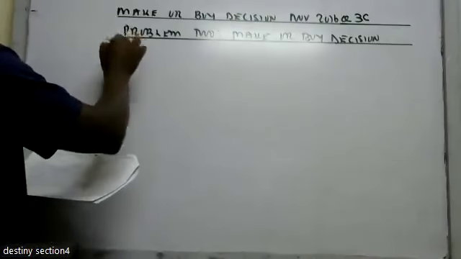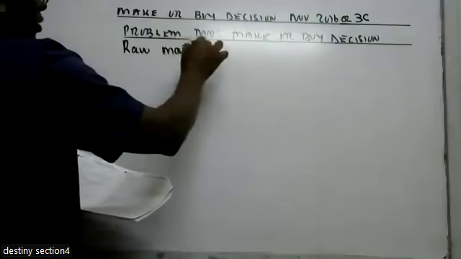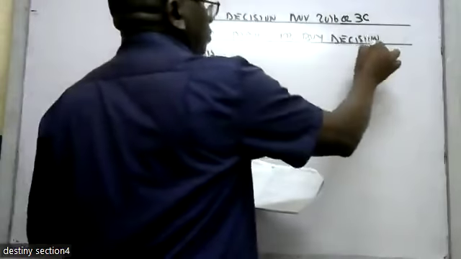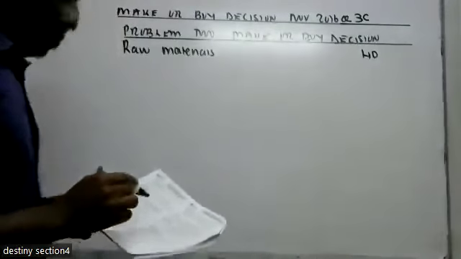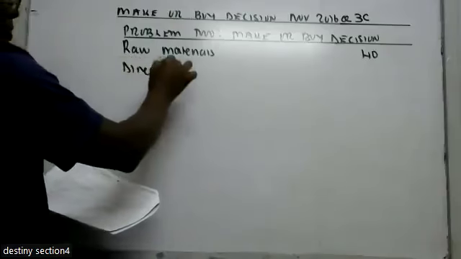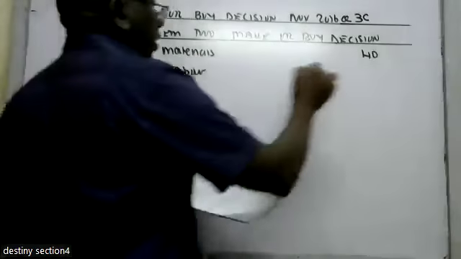Problem 2, raw materials. Raw materials is 40. Direct labor is 80.